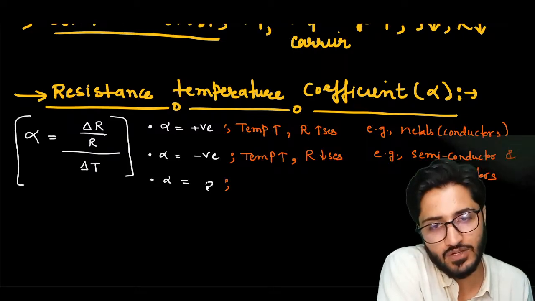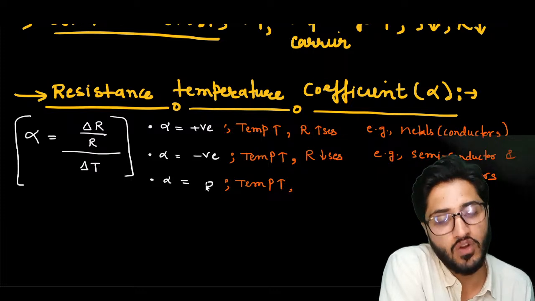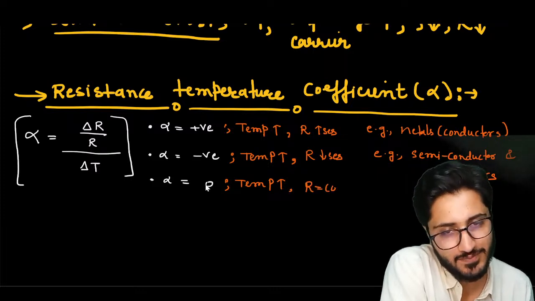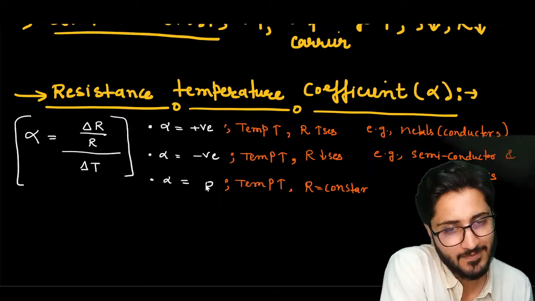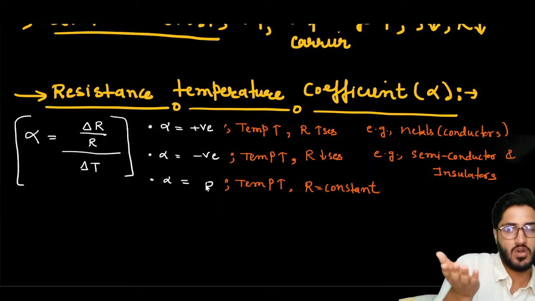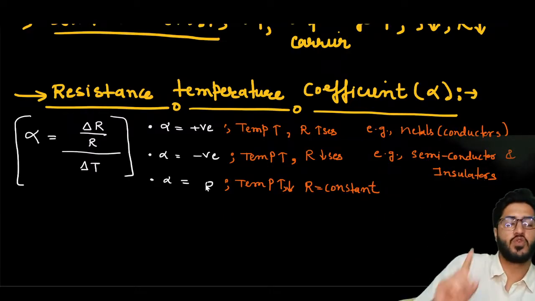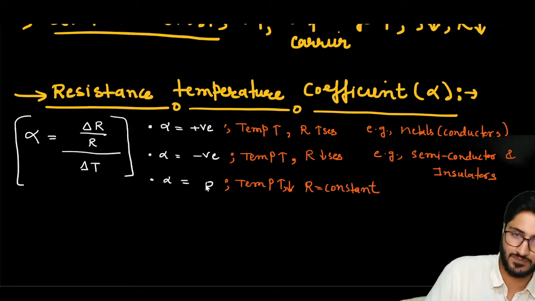If alpha is 0, and you are increasing or decreasing your temperature, there is no effect on the resistance, R is constant. So you will say my alpha is 0.